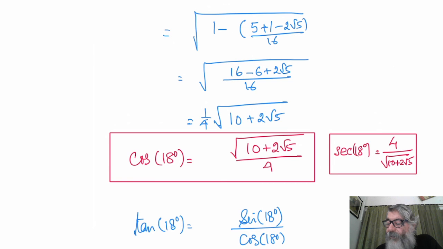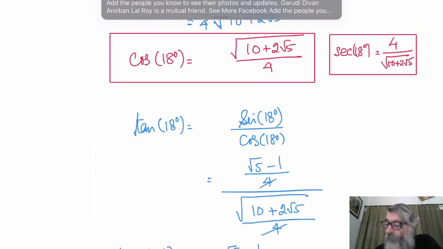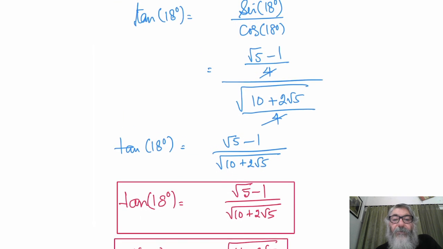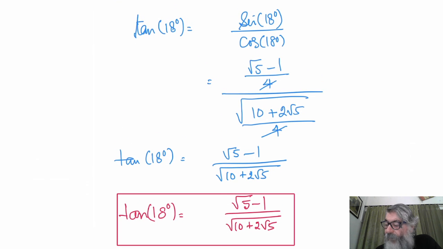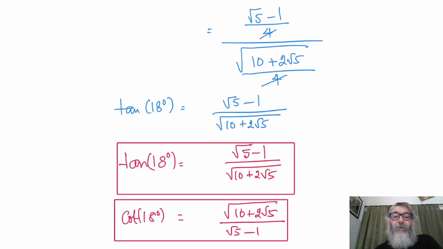Cos 18 was under root 10 plus 2 root 5 upon 4. Once I got cos 18, I calculated sec 18 by finding the reciprocal. Then we got the value of tan 18 by dividing sin 18 by cos 18. I got root 5 minus 1 upon under root 10 plus root 5, and similarly I got cot 18 by finding the reciprocal of tan 18.